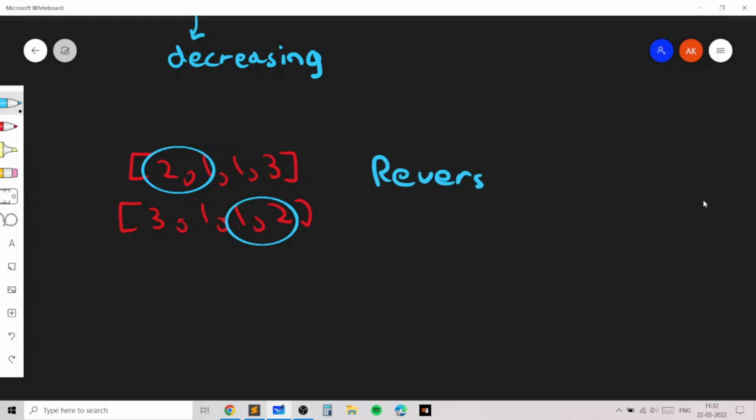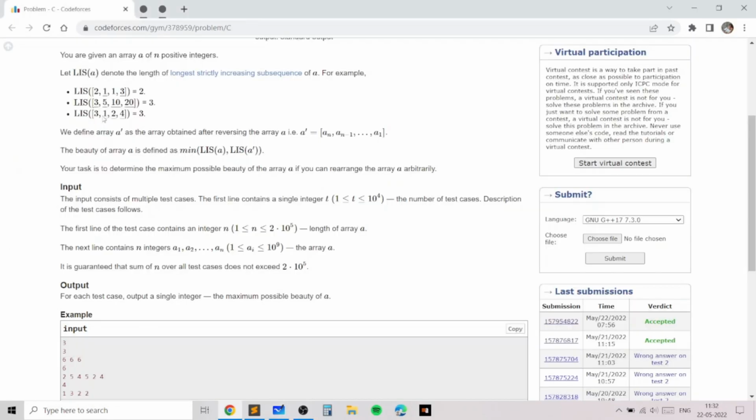You can see that from this example and from other examples as well. For example, if you reverse this array, you get 4, 2, 1, 3, and in that case, the reverse LIS or the longest decreasing subsequence in the original array is actually just one element, 3. And in the second example where you reverse the array, the LIS of the reverse array is again only one element. And even in the original array, the reverse LIS is just 1.